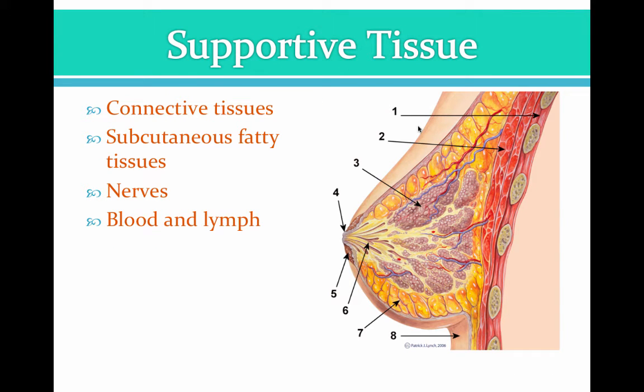Now we're going to talk about supportive tissues within the breast. Connective tissues support the breast. Subcutaneous fatty tissues give the breast shape. Nerves provide a triggering mechanism for milk synthesis and release, and blood and lymph bring nourishment nutrients to the breast tissue, help to supply nutrients for the milk, and filter out bacteria.